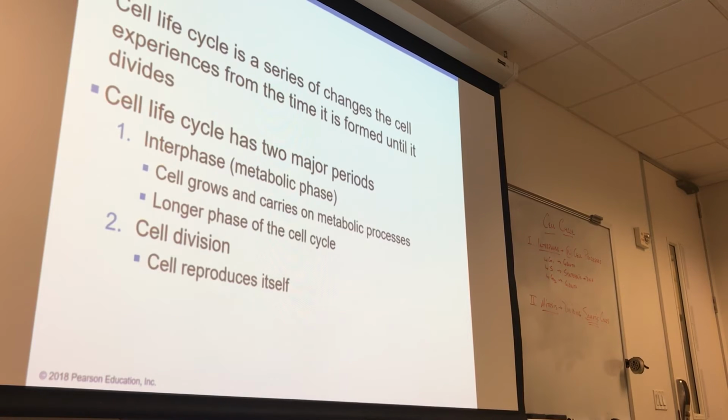Every cell of our body divides using mitosis except for two cells. What are the two cells that use meiosis? Say it again. Every cell of the body divides using the process of mitosis except for two cells. What are those two cells that divide using meiosis? Sex cells. And what are the two sex cells?